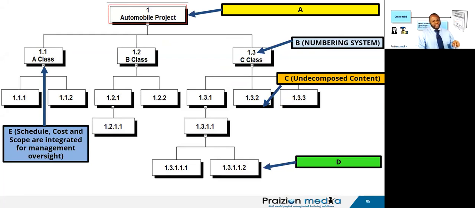Good. So B, we haven't talked about B, the numbering system for the WBS. It's known as a code of accounts. And you need this to be able to answer the question, all right? Code of accounts is the numbering system that we give the WBS. So if we call a component 1.1.2, that's the code of accounts.